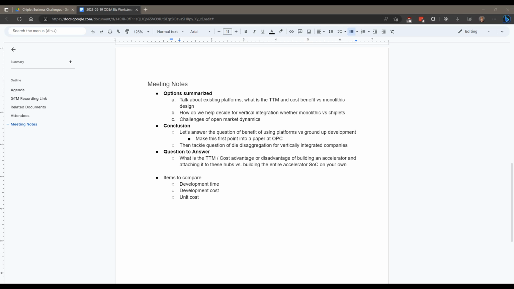AMD is saying something else, because they say they come to a much cheaper solution through economies of scale. If you produce a one-die SoC, then you have your specific logic for every SoC. If you use chiplets, you can produce, I don't know, 10 billion chiplets, and then use them for every product which you produce.